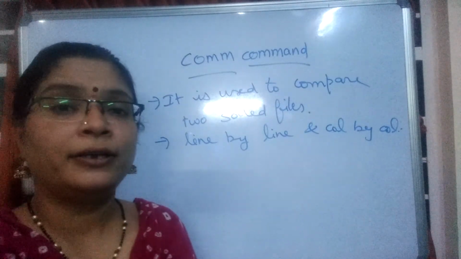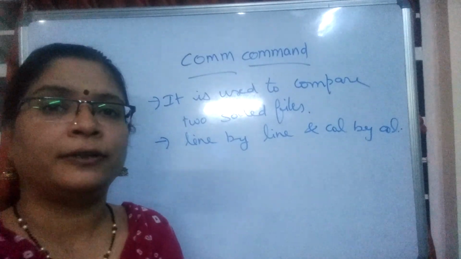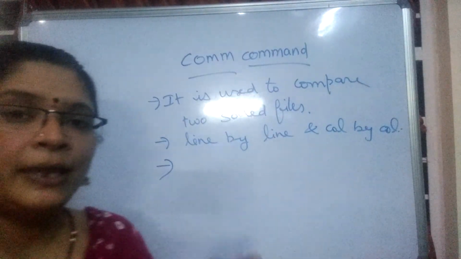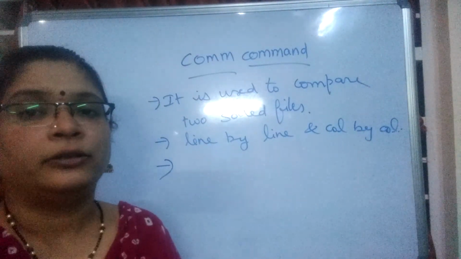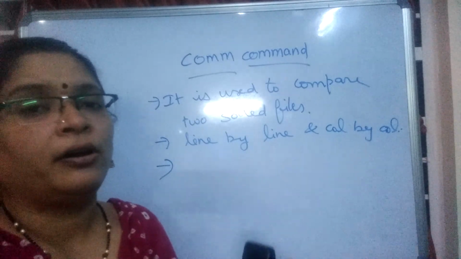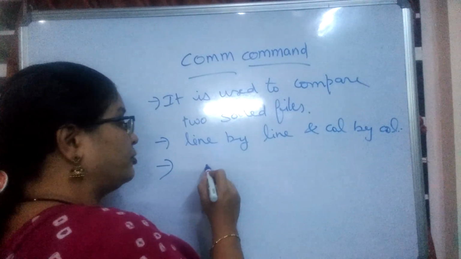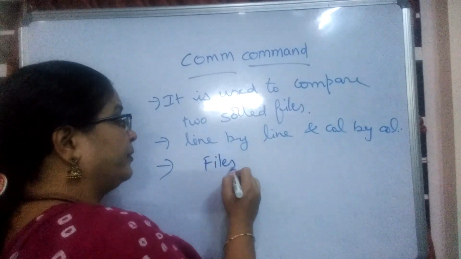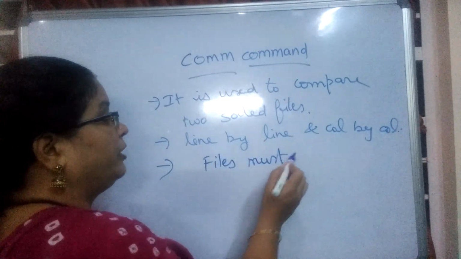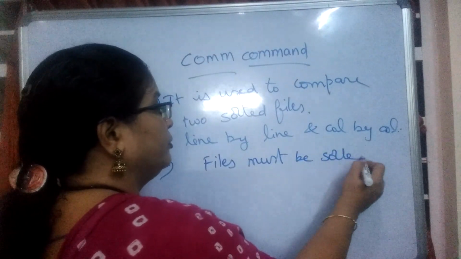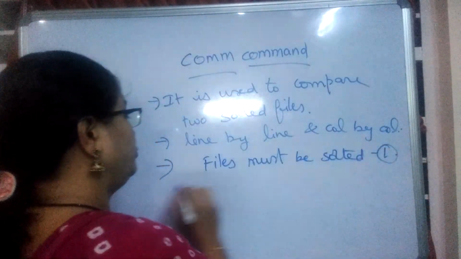And one more thing we have to remember in this COM command is that before applying it, the two files we are working on must be sorted. Files must be sorted. This is the first rule.